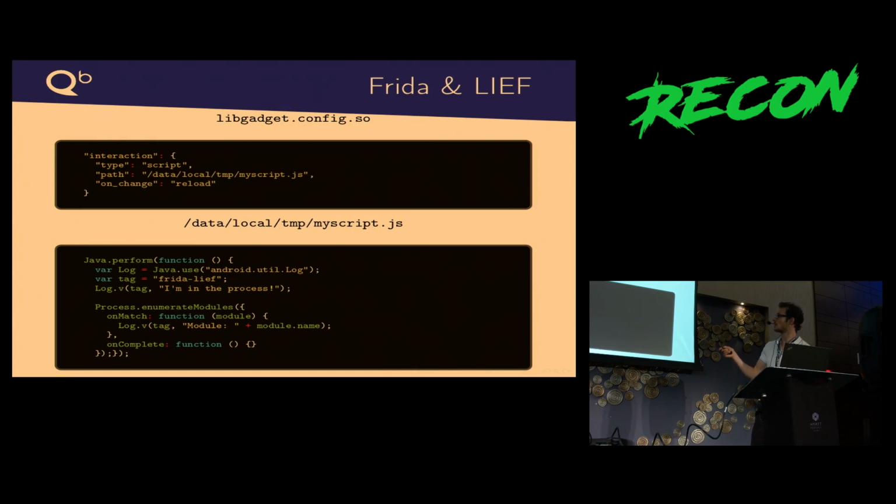Here is the path to the Frida script, myscript.js in data local tmp. What I do in this script is resolve the Log class to print that I'm in the process of the application, and I enumerate all the libraries that are loaded within the process.